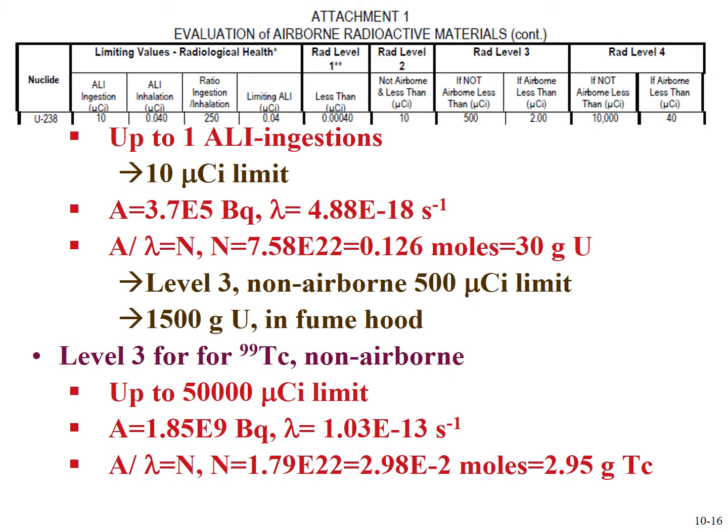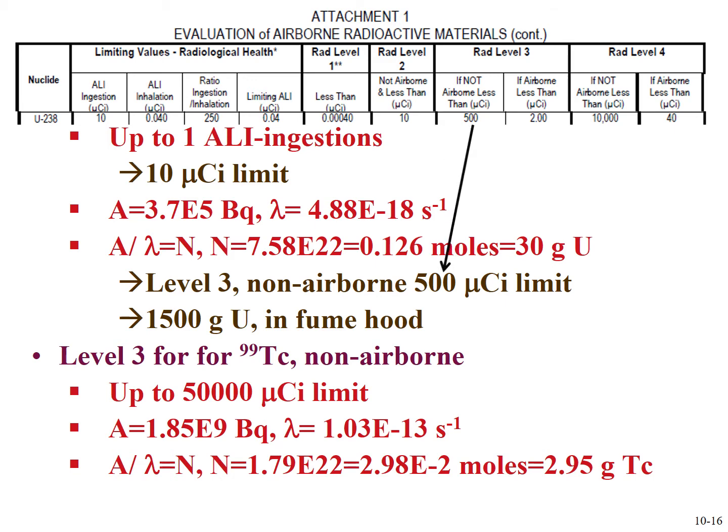That is 0.126 moles, and that winds up being about 30 grams of uranium-238. So this says non-airborne uranium-238. So if I had 30 grams of uranium-238 in solution, I would be at 1 ALI. So I could work with this on the benchtop. What would be uranium level 3, non-airborne?